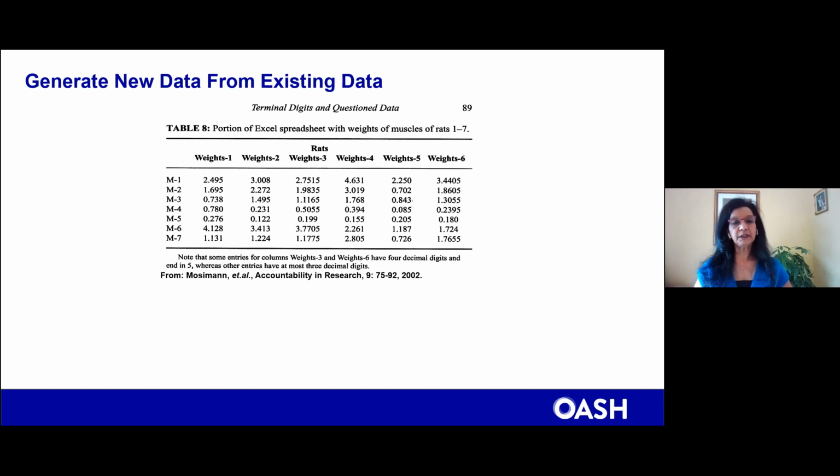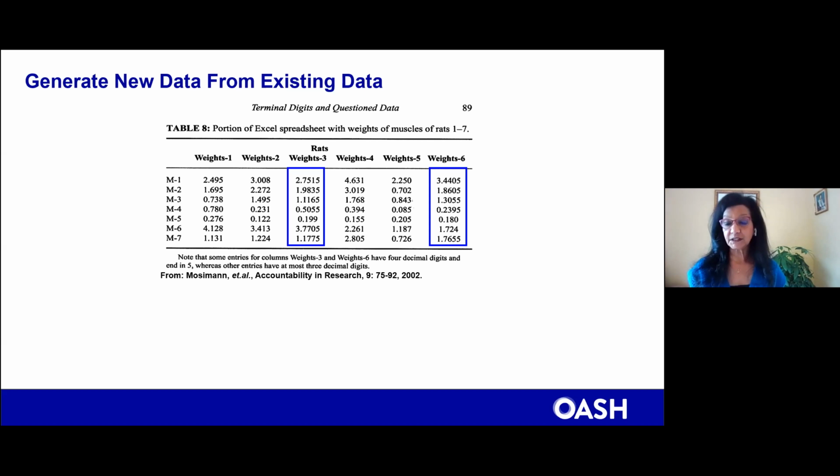Okay, not just figures and images, but tables. When you don't have a software-generated file like an Excel file, and a table is published, there are other clues that it may be falsified. I'm not going into that detail, but here you see muscle weights from rats 1 to 6 in different columns. There's some abnormality in this data set. I want you to look at weight 3 and 6.